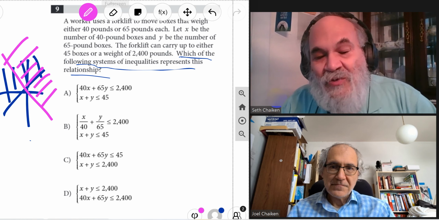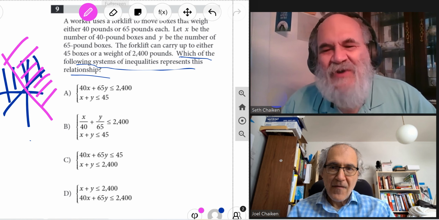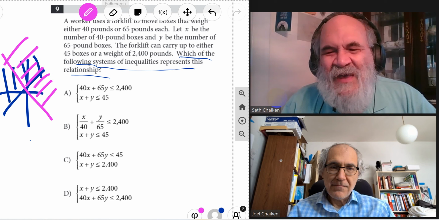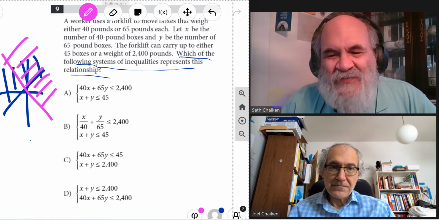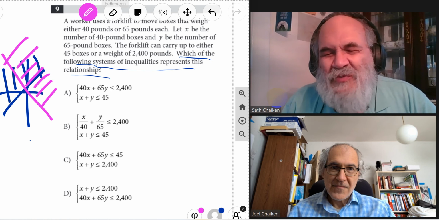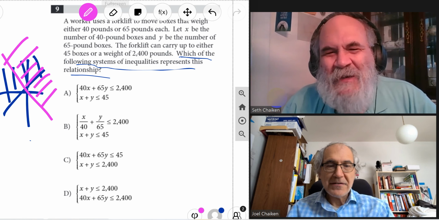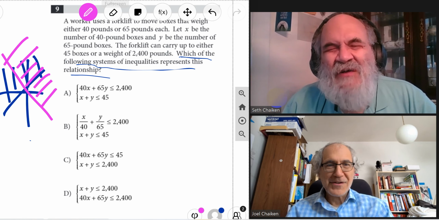The result will be some algebraic relations, and then your task as the test taker is to pick from the choices which display the exact algebraic relations that are algebraic rewrites of what's simply said in English. There's no problem of solving anything.